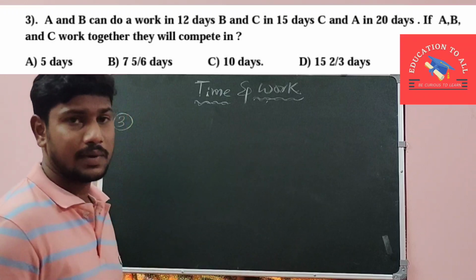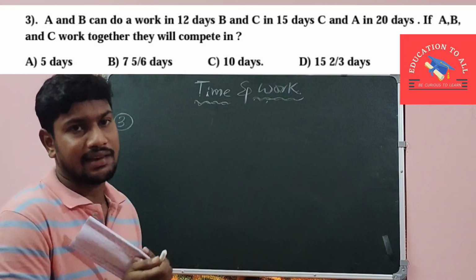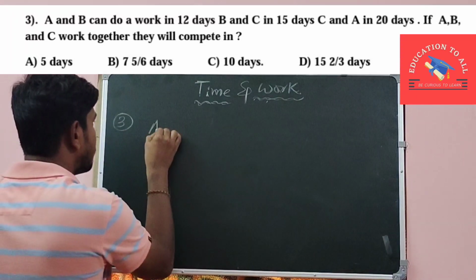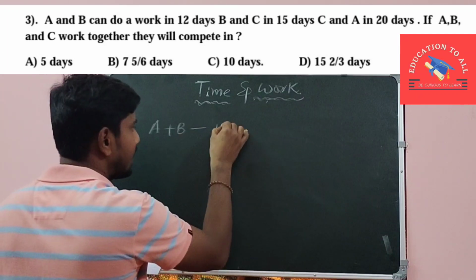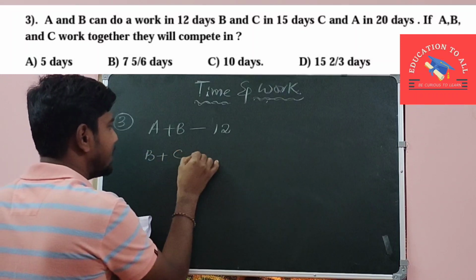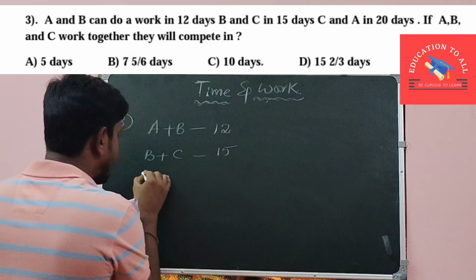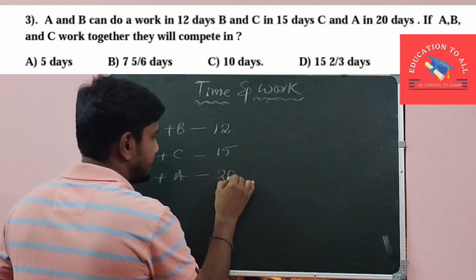The same short method will go according to the given question. Here A and B are working together: A plus B can complete in 12 days, B plus C together in 15 days, and C plus A will complete in 20 days.